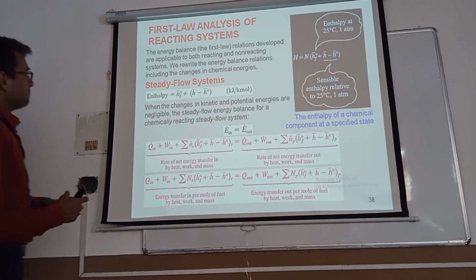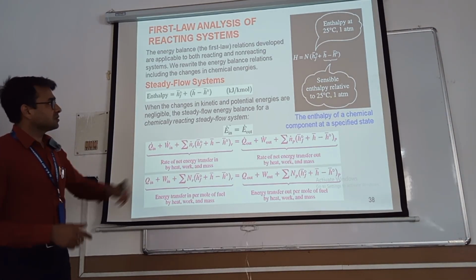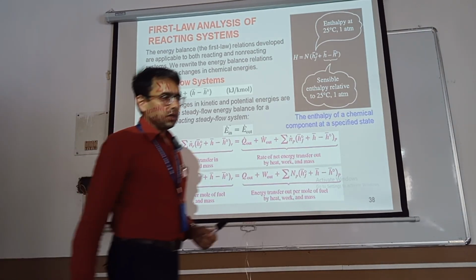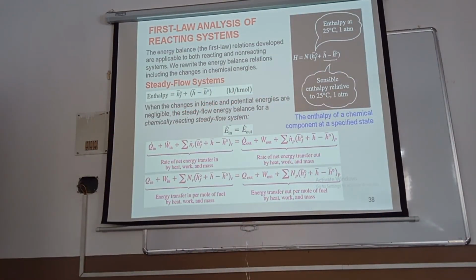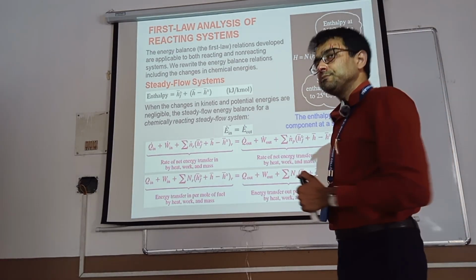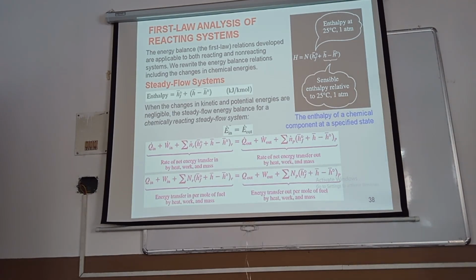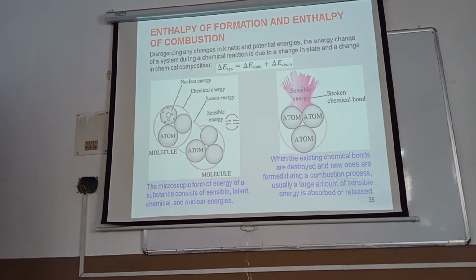You see that in the last class or in some of our earlier classes, we have discussed the total change in energy. Total change in energy is equal to what? Delta E. This one.